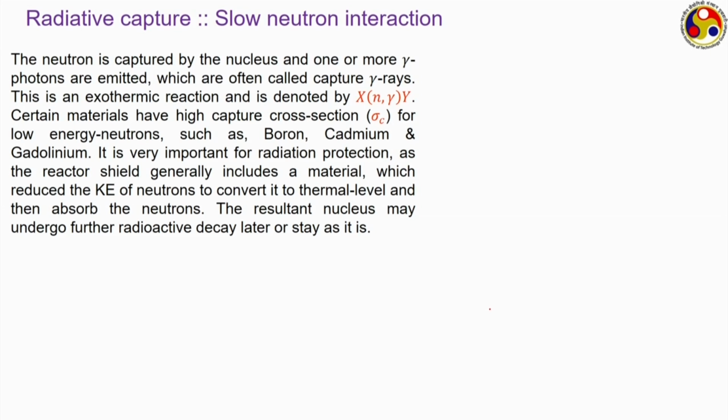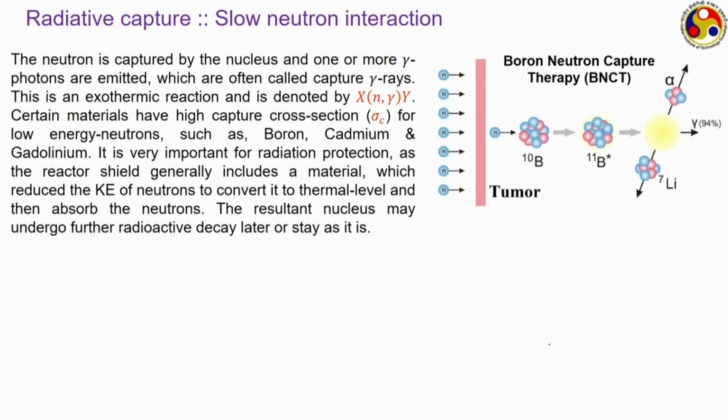The first one is radiative capture, which is generally a characteristic of slow neutron interaction. Here the neutron is captured by the nucleus, leading to the formation of an excited nucleus. Like in this diagram, a boron 10 isotope is absorbing one neutron, leading to the formation of a boron 11 isotope, which is of very high energy, and that new isotope can go back to its ground state by ejecting gamma photons.